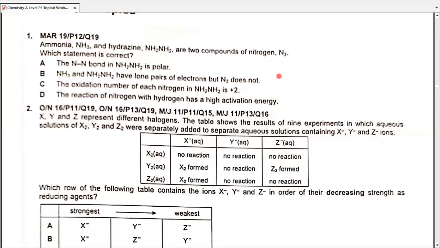In the N2 molecule, there's one lone pair. Actually, there are 2. One lone pair per nitrogen. If you're talking about one atom, that is correct. What about C? C should not be plus, it should be negative something, because hydrogen is plus, it would be negative 2. Yeah. Very good. Well done.